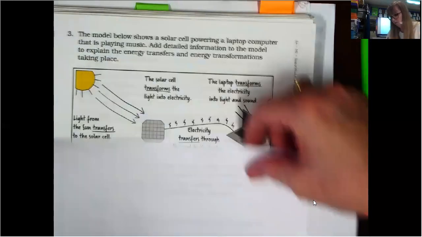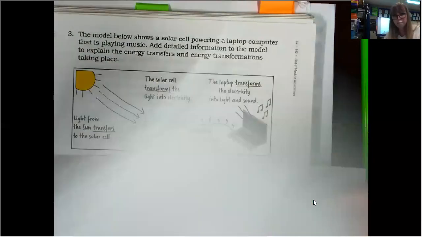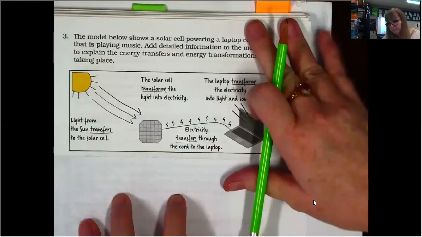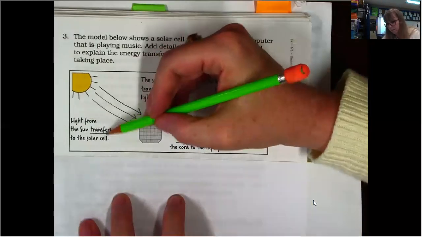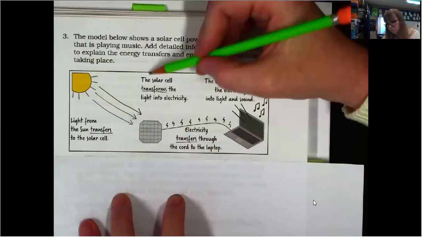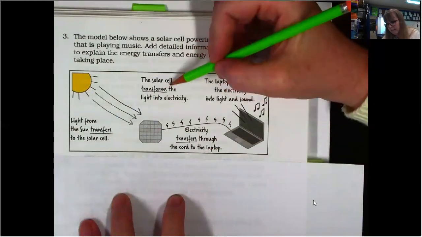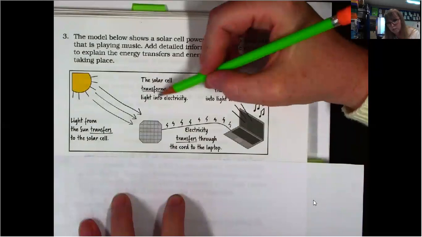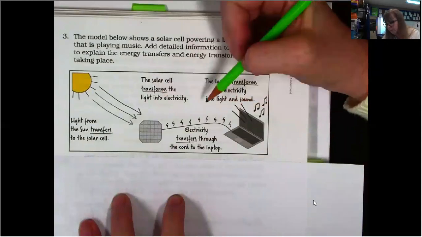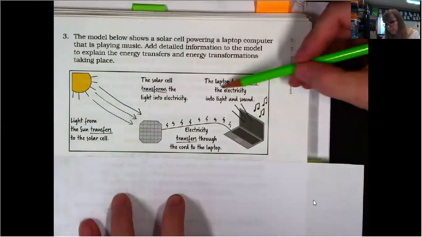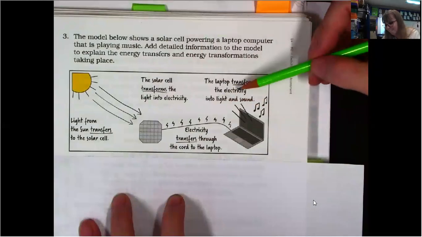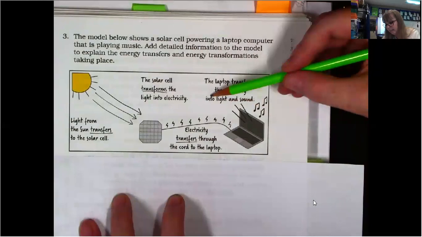Light from the sun transfers to the solar cell. The solar cell transforms the light into electricity. The laptop transforms the electricity into light and sound.